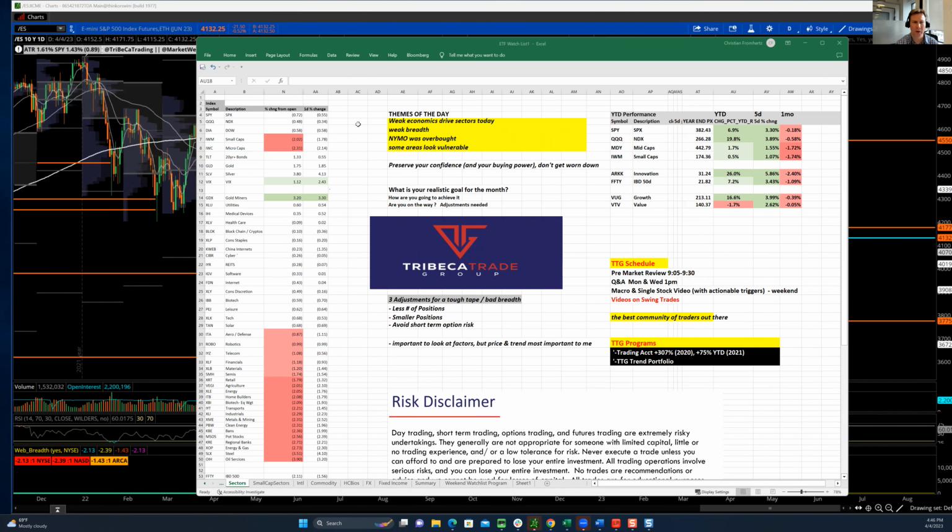So, a couple things for the day. Weak, I would say, a combination today. Breadth, which opened up pretty poor right around the open, gave us a bit of a signal or feeling of what kind of day we were going to get. You can see on the bottom left of your screen our market breadth indicator.